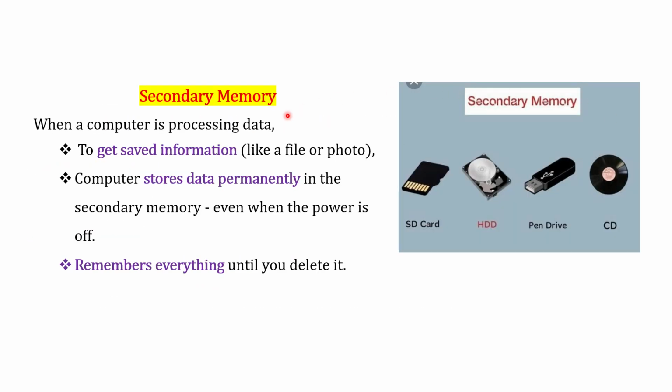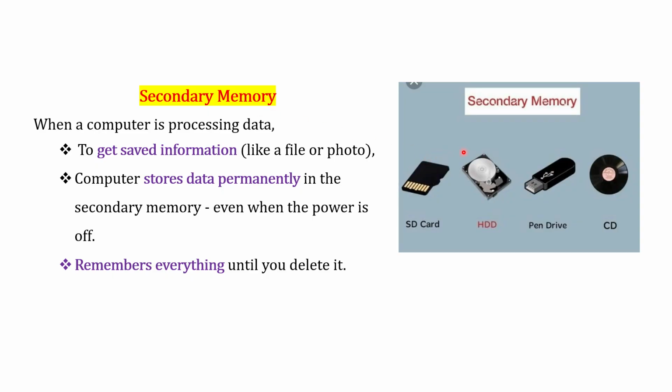And next is the secondary memory. When processing data in a computer, if it wants to get any saved information like a file or photo, or if a computer wants to store data permanently so that the information is not lost when the power is off, then we use the secondary memory.